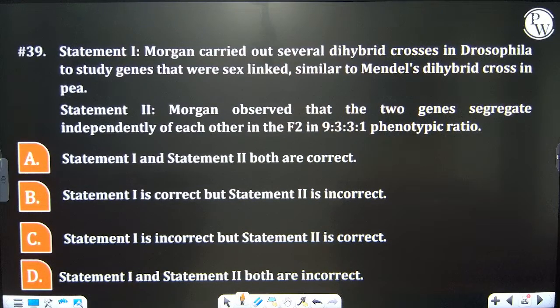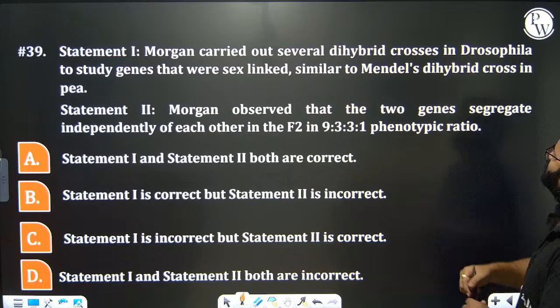Let's go for the next question. Morgan carried out several dihybrid crosses in Drosophila to study the genes that were sex linked, similar to Mendel's dihybrid cross in pea, which sounds true.